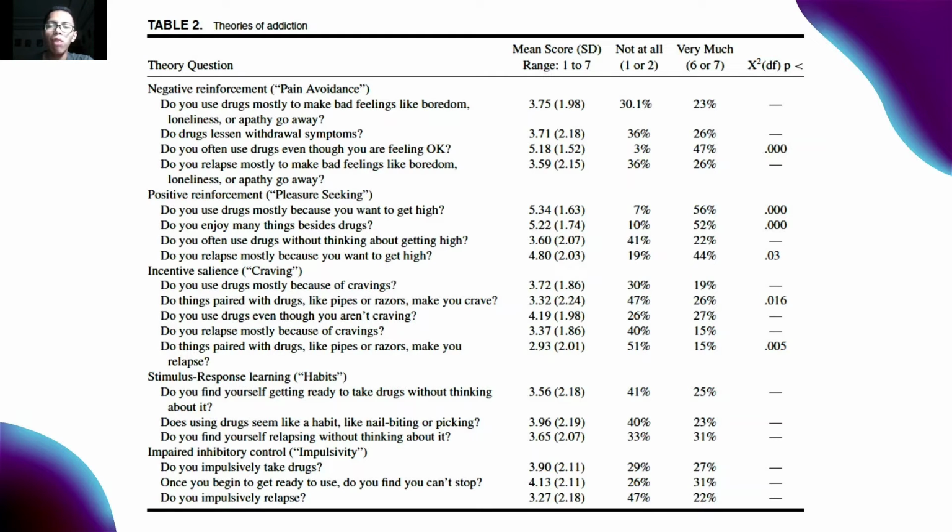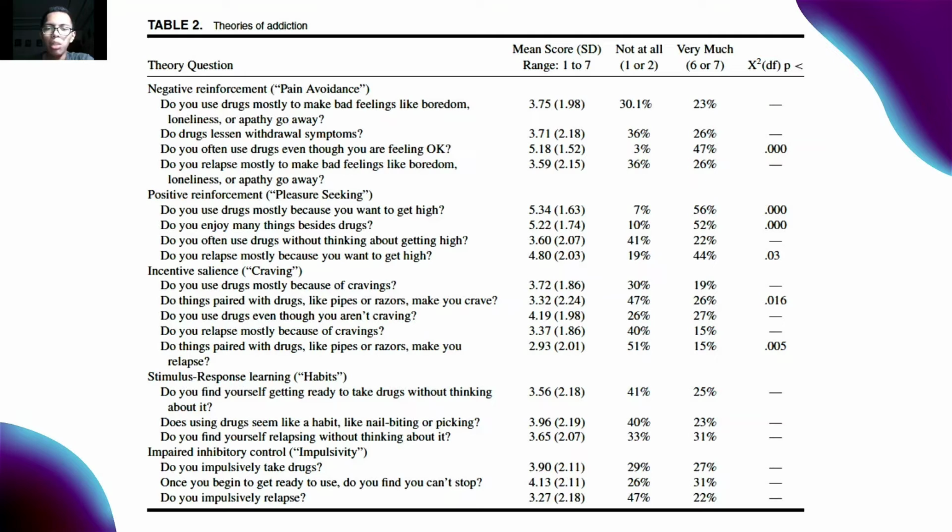positive reinforcement highly. By contrast, only 8 of 14 participants who rated incentive salience highly also rated positive reinforcement highly, whereas 15 of 15 who rated incentive salience highly also rated negative reinforcement.